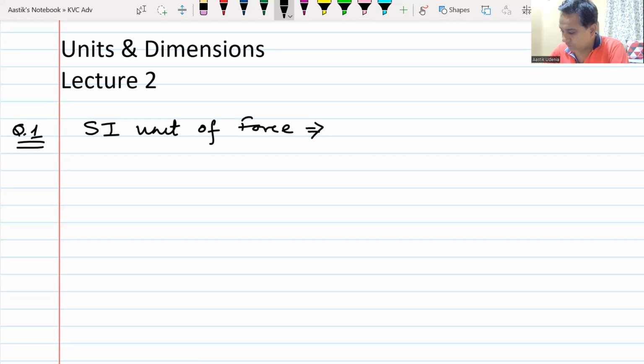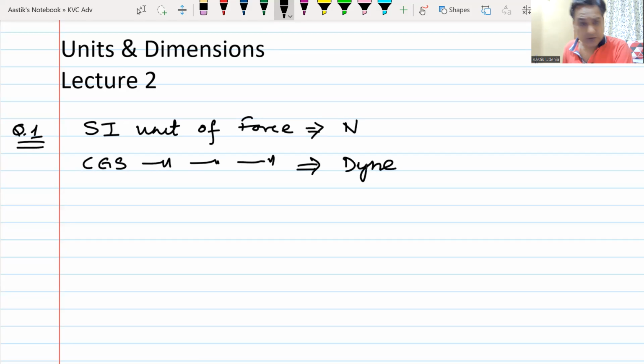The SI unit of force is Newton, N, and the CGS unit of force is known as Dyne, D-Y-N-E. Now you must also know how much is 1 Newton. Instead of writing it as Newton, I can write it as kg meter per second square. Do we know this?